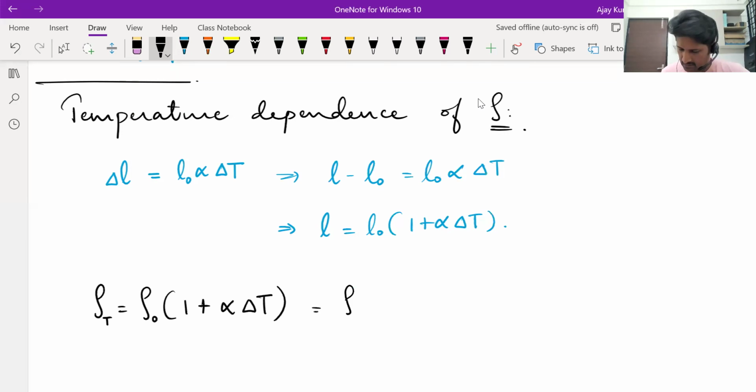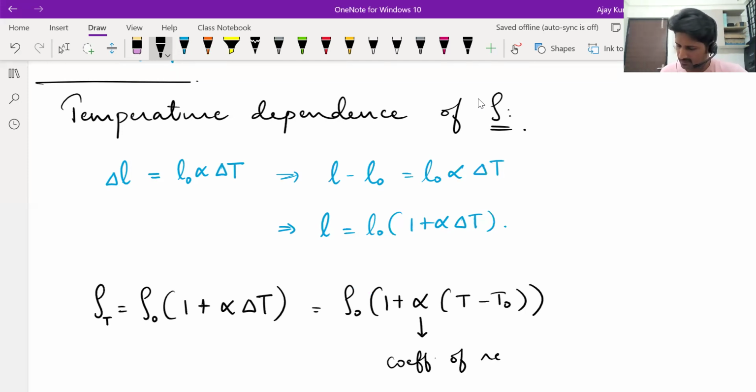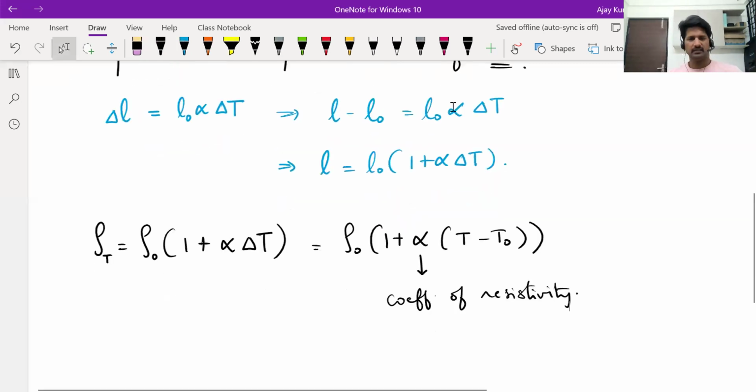You can write this as rho naught into 1 plus alpha into (T minus T naught), the change in temperature. You call alpha the coefficient of resistivity, just like linear expansion.